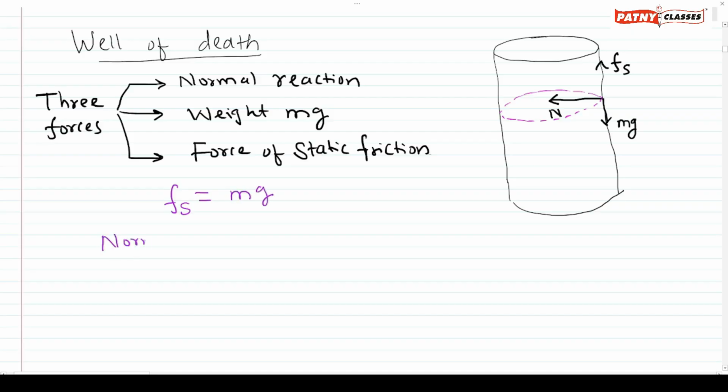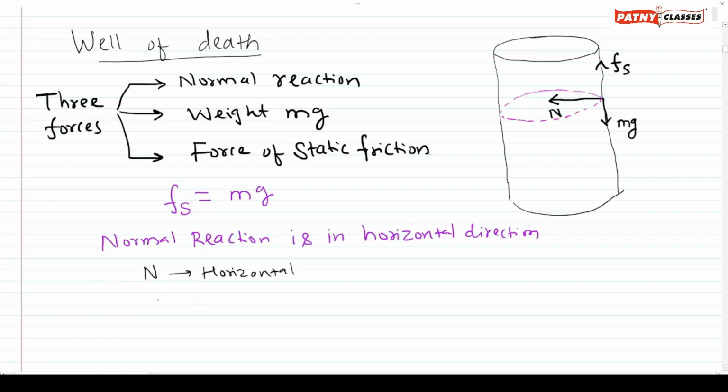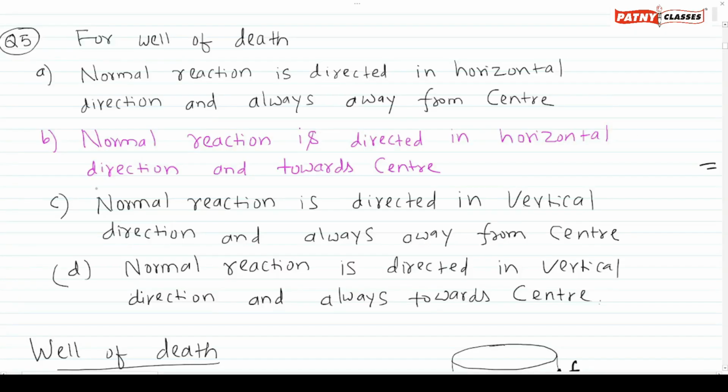The normal reaction is in the horizontal direction and toward the center. Therefore, in case of well of death, normal reaction is directed in horizontal direction and toward the center. Therefore, option B is correct. We lock option B.